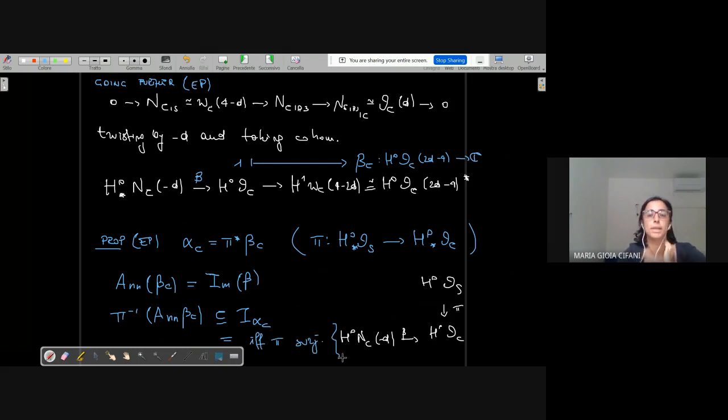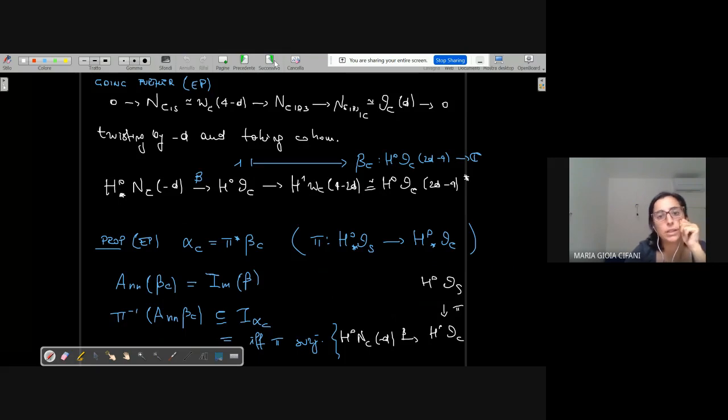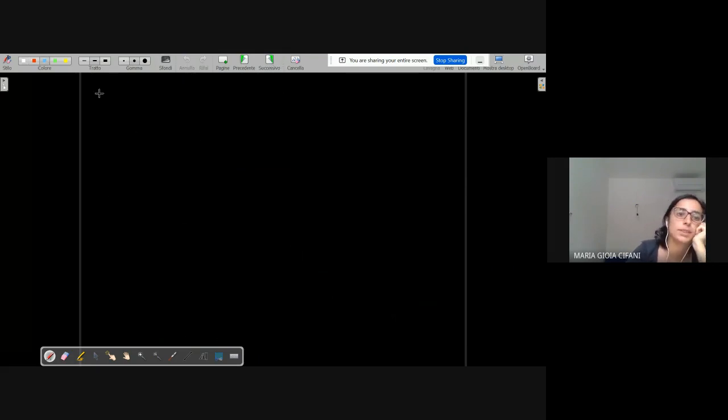Okay. Actually, I will make some remarks. Pi surjective is equivalent to saying that C is an arithmetically Cohen-Macaulay curve. This is mostly the definition.